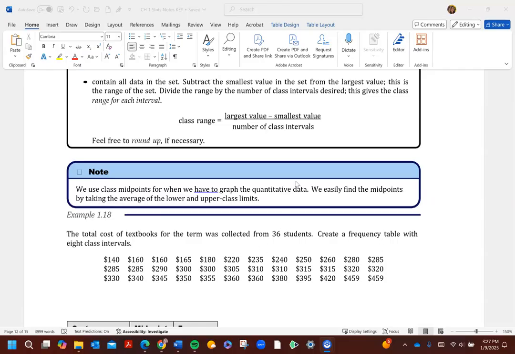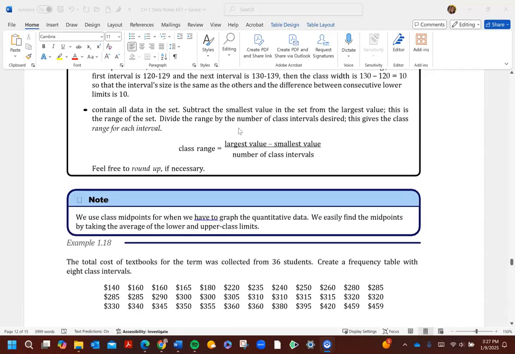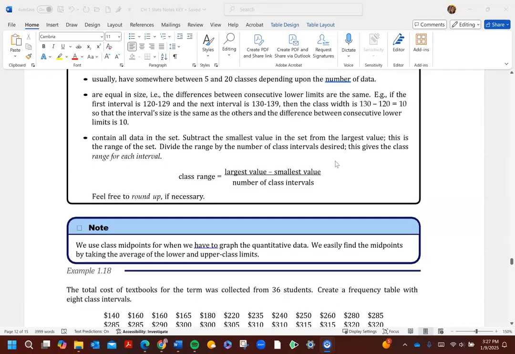So if we have 36, I'm going to figure out our class range and divide that by the number of intervals.